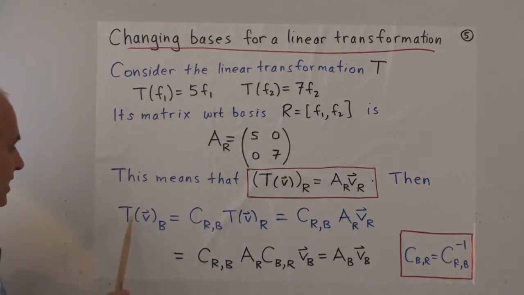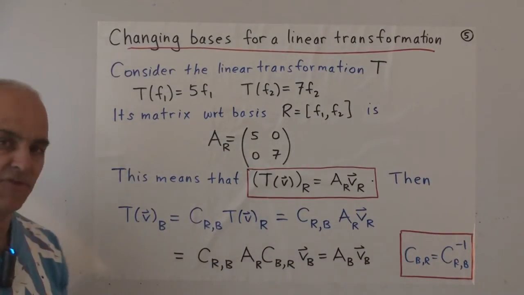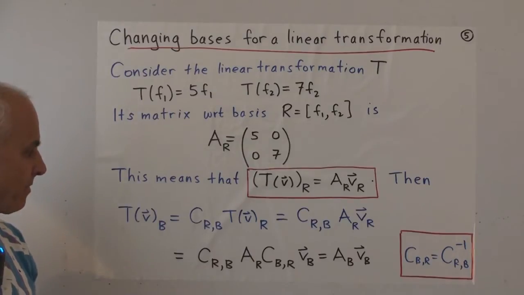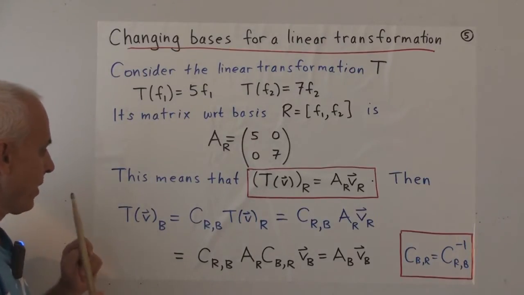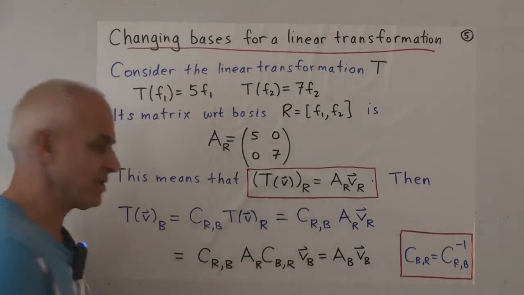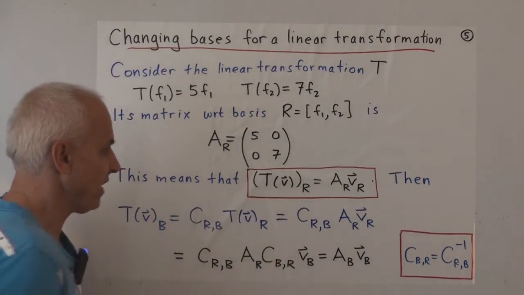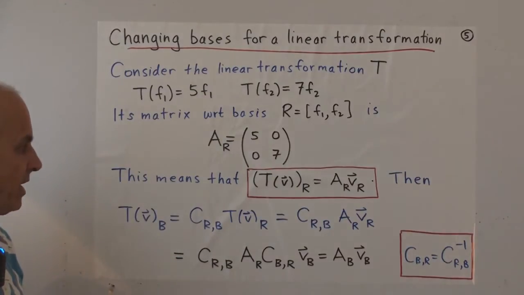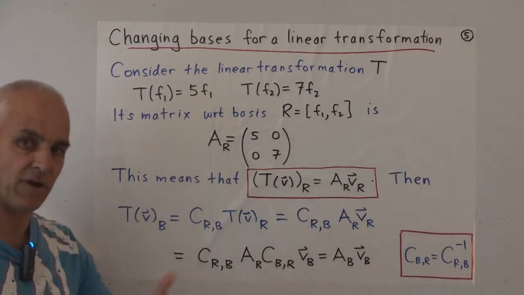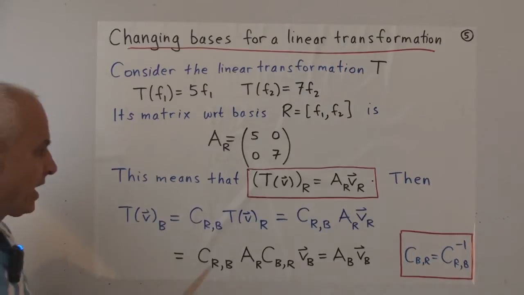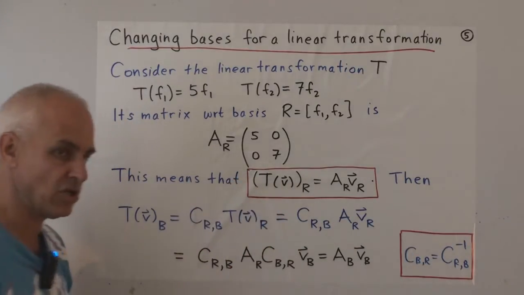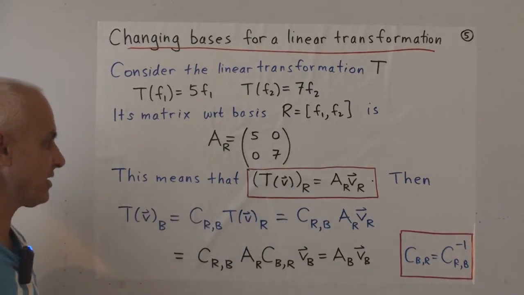Let's look at T of V in Bob's system. Well, we know what T of V is in Rachel's system. So this is the coordinate vector of T of V. V is just some arbitrary vector. T of V is the image of the vector under the transformation. Here's the coordinate vector of that image in Rachel's system.